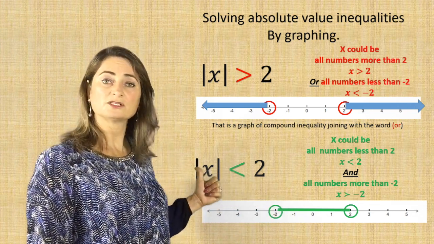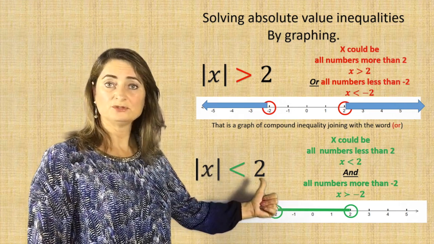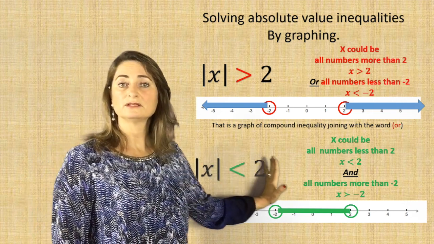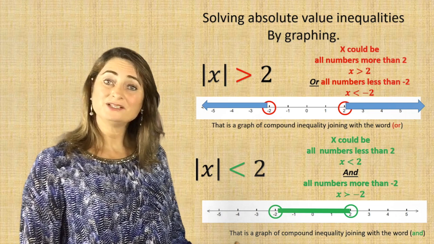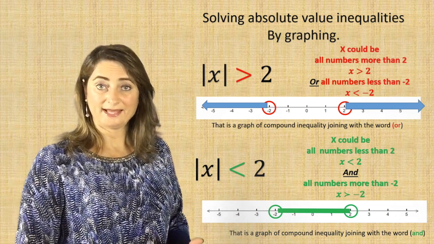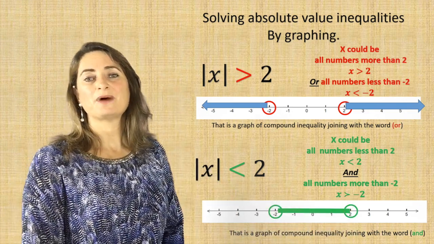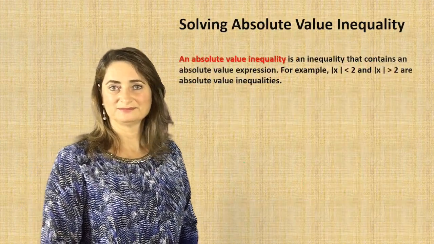So I need all possible solutions with x more than negative 2, an open circle because negative 2 is not a solution, and everything going to the right would be a solution. Does that remind you of the compound inequality joined by the word and? Everything from negative 2 to 2 is a possible solution, but 2 and negative 2 are not solutions.